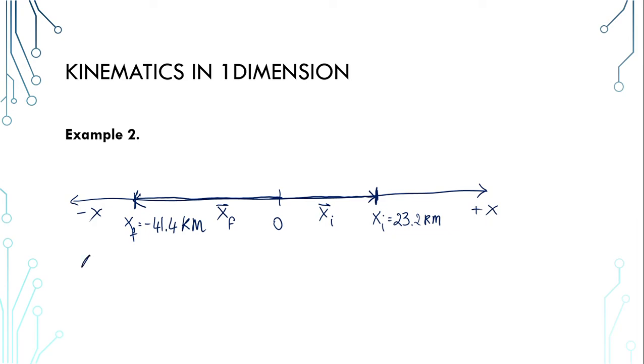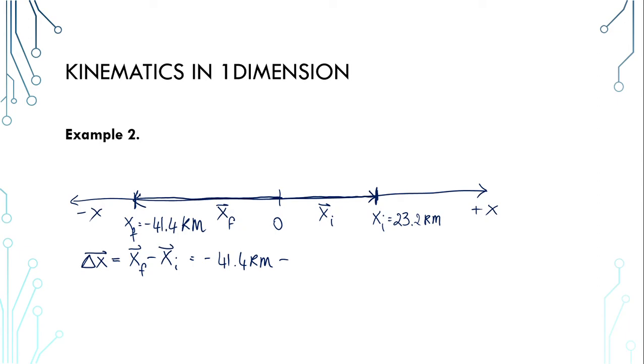Now, the total displacement, and this is where you have to be careful with the signs, will be x final minus x initial. Now, x final has a length of negative 41.4 kilometers.